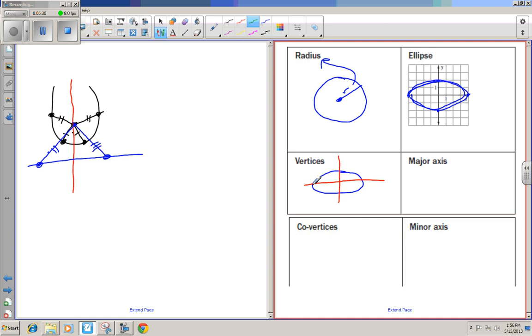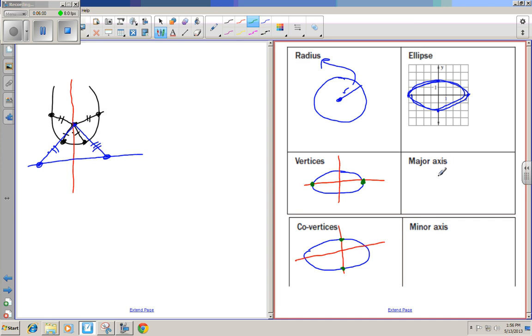And the vertices are these points on the ends, the points furthest from the center. Let's now jump to co-vertices. Co-vertices are very similar, except that here is your ellipse, here are your axes, and your co-vertices are here and there, the points that are closer to the center.